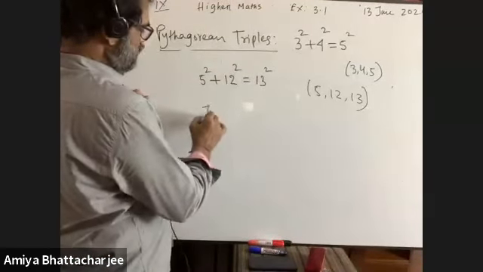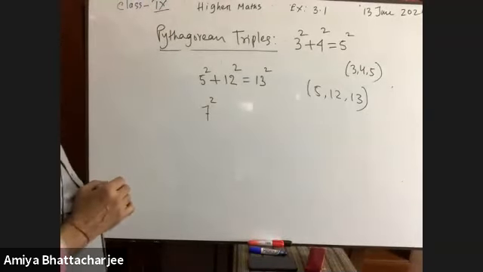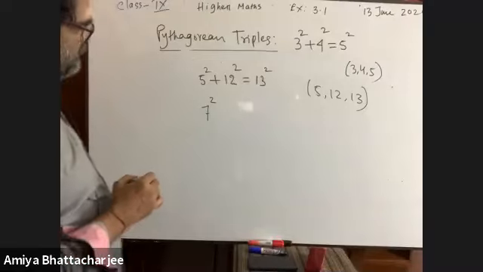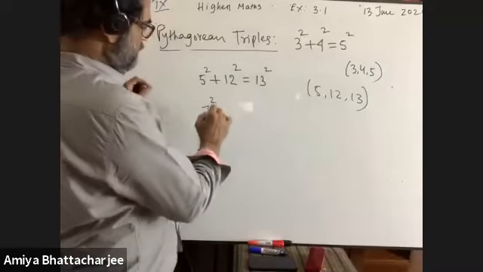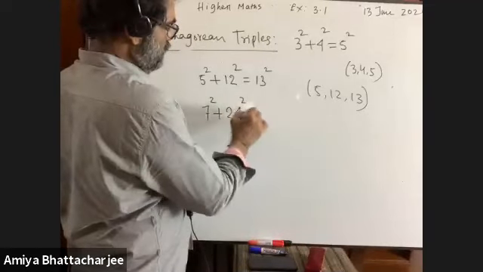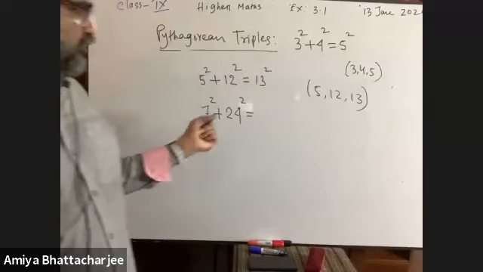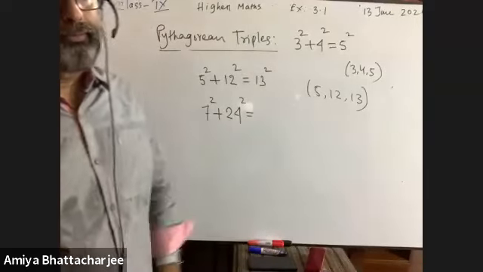Suppose 7 square. Let me know what is 7 square. 49? 24 square. What is 24 square? You calculate this too and let me know. 7 square plus 24 square equals to what?